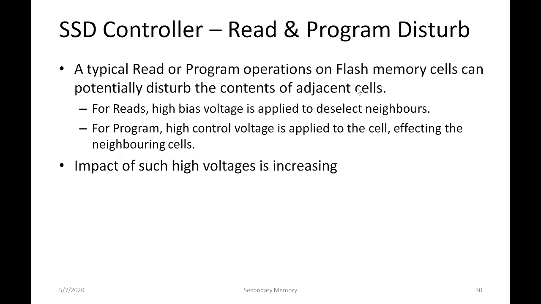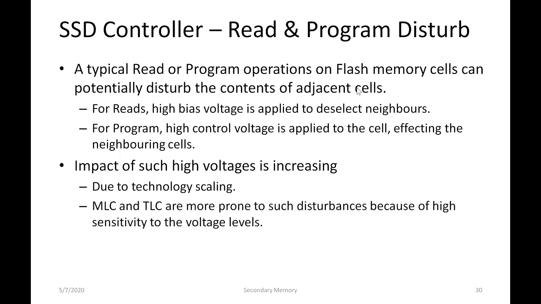So the impact of such high voltages has been increasing over time because of technology scaling. The flash memory cells have shrunk in size, so they are becoming more and more susceptible to these voltage differences. Also, these read and program disturb scenarios are much higher in MLC and TLC, wherein we need much tighter control of the number of electrons present in the floating gate.